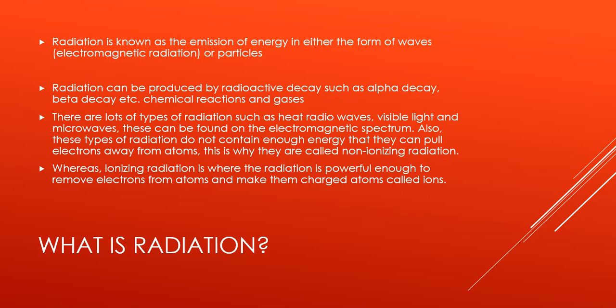There are different types of radiation, such as radio waves, heat waves and microwaves, which are non-ionizing radiation, which means they are not strong enough to pull electrons away from atoms, whereas alpha, beta and gamma radiation are ionizing radiation because they can pull electrons away from atoms, making those atoms charged, and therefore they're called ions, with a positive or negative charge.